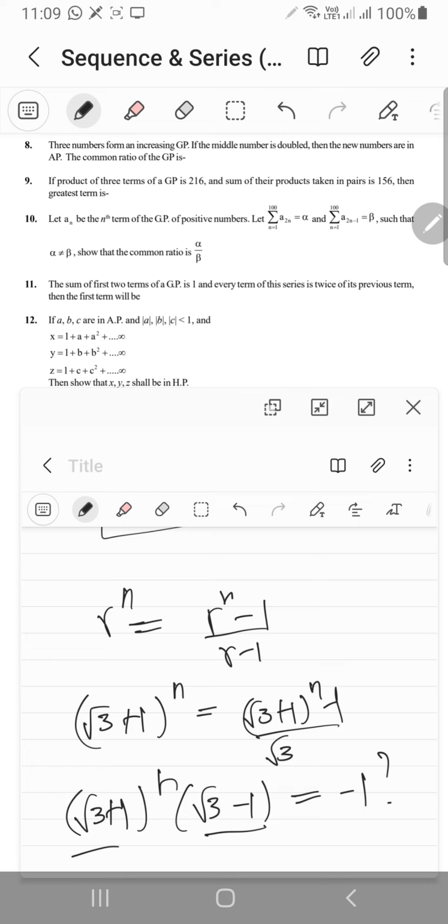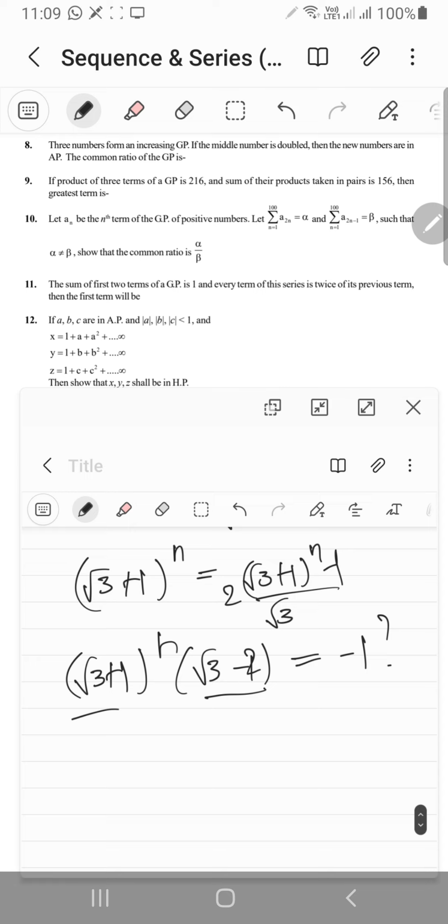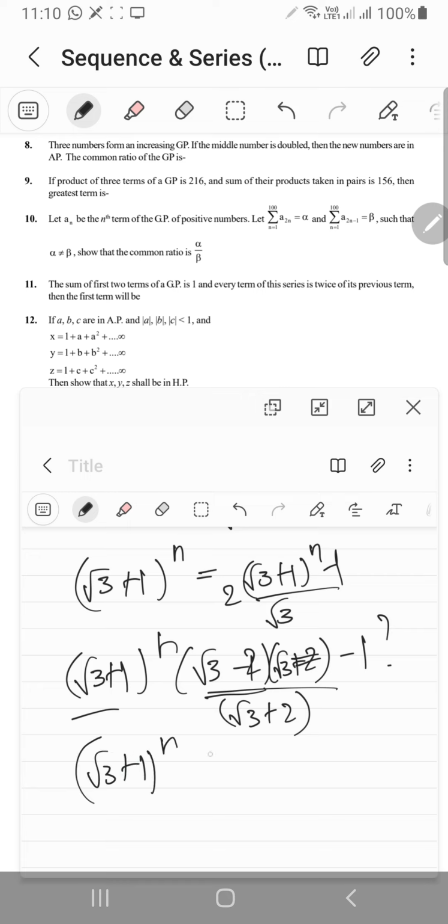Of course, it makes no sense. Oh wait, it was 2 times of that. Maybe that would make sense, like 2 times of that. So square root of 3 minus 2 equal to negative 1, you can write that as square root of 3 plus 2 and then square root of 3 plus 2 over there. So that's like 3 minus 4, that's just negative 1. So square root 3 plus 1 to the power of n is square root 3 plus 2 for every single value of n. That's not correct. No, that's definitely not correct.